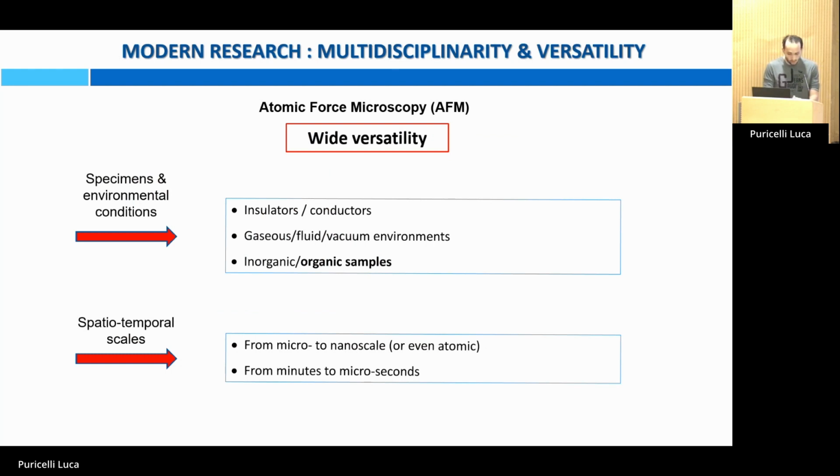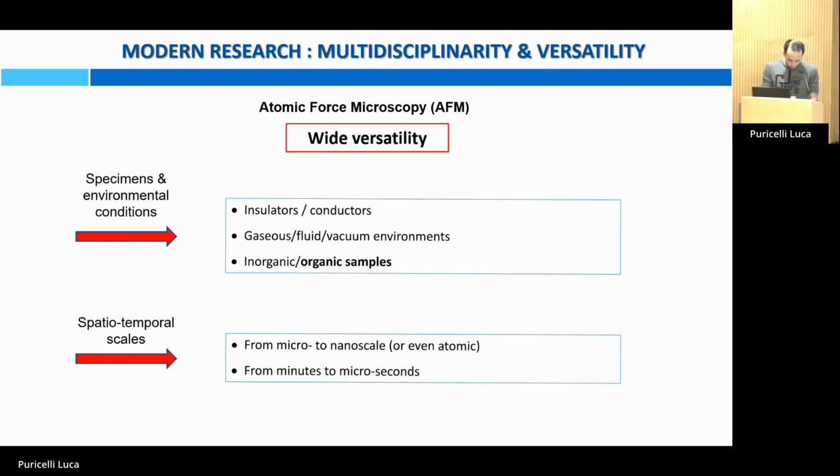So in this context, how can an instrument like the atomic force microscope be important? Nowadays research is going towards an increasing level of multidisciplinarity and versatility, because many topics like this cover several disciplines, and the specimens are way more complex and also need versatile tools.